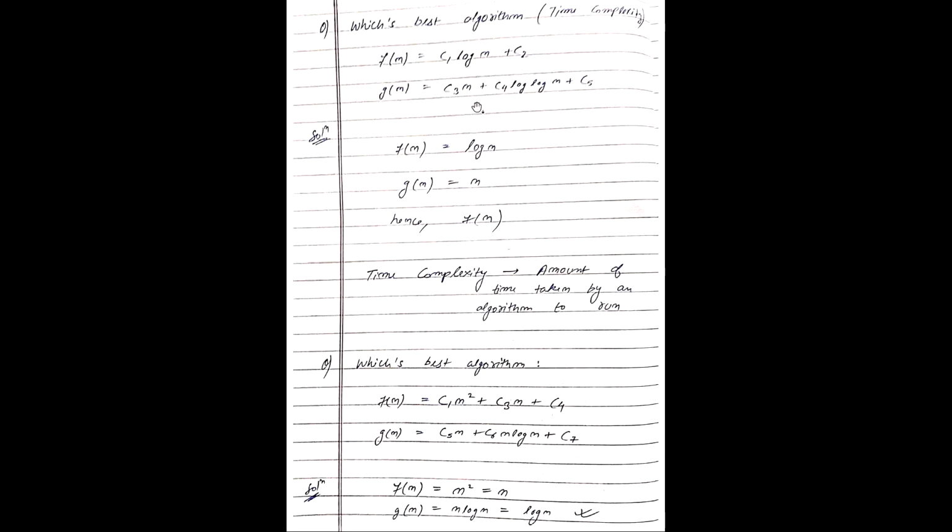We have C3 n. For C3 n, we would drop the leading constant, that is C3. We have only n. Hence for g(n), we only have n. So the time complexity of both functions would be that of g(n), because n has more priority as compared to log n, but log n has much lesser time complexity.